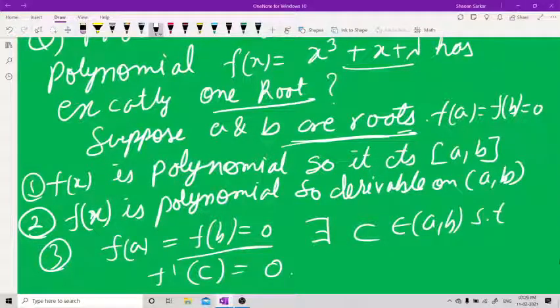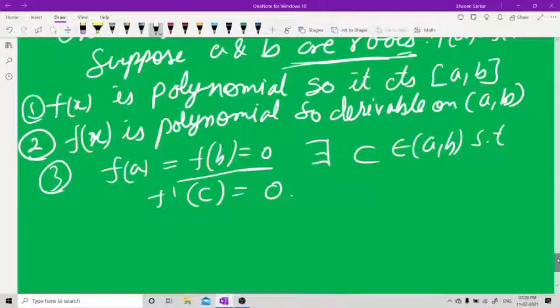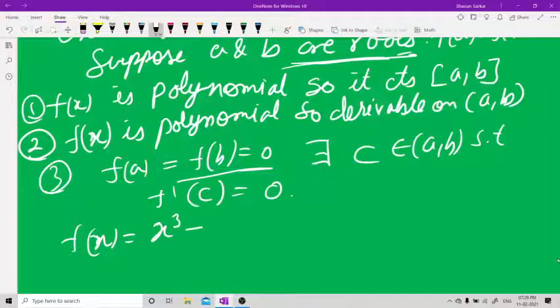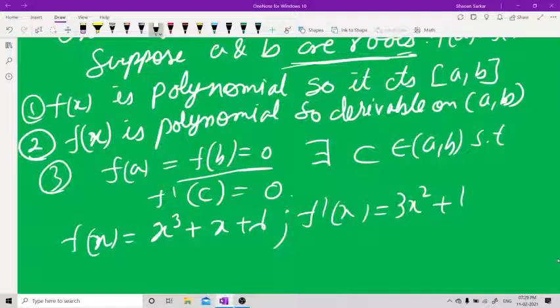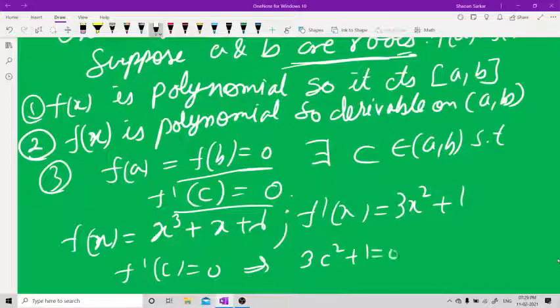Take the derivative of the above function. Now write down the derivative. f x is given to be x cube plus x plus lambda. So f dash x is 3x square plus 1. Now they are saying f dash c is 0. So f dash c 0 means 3c square plus 1 equal to 0.